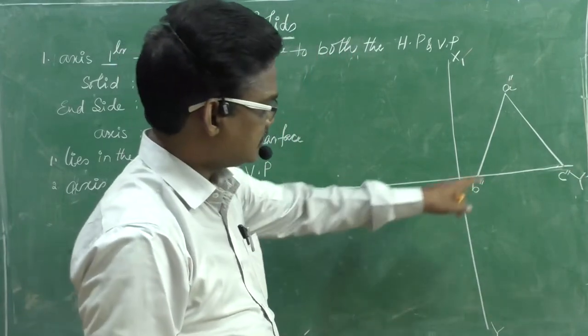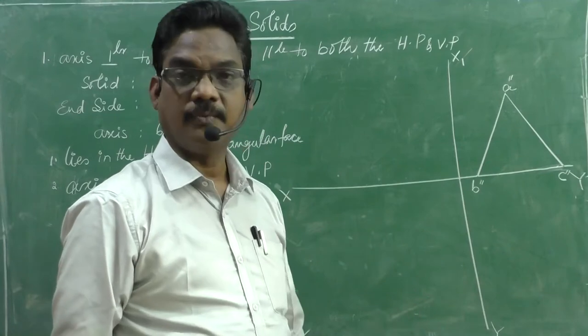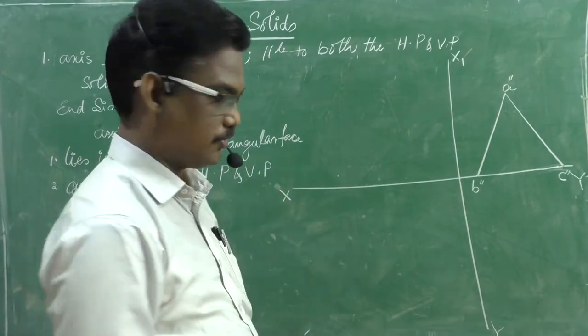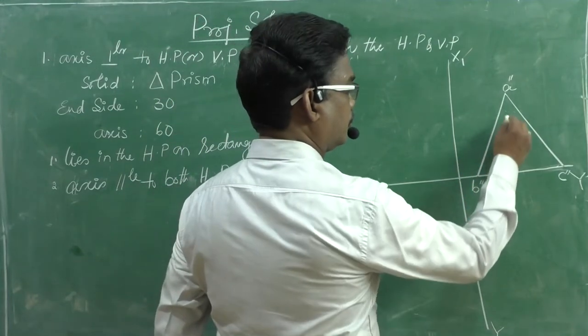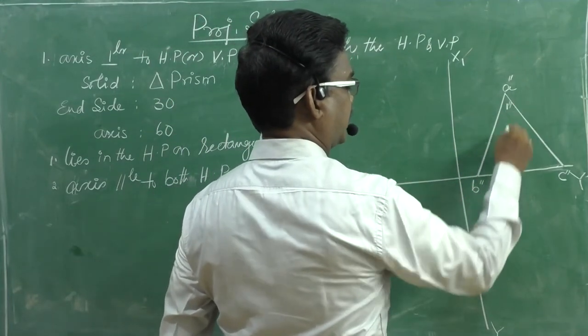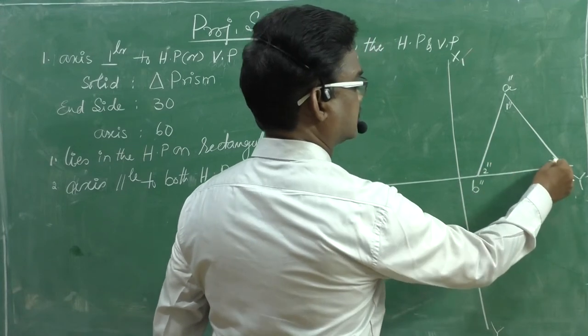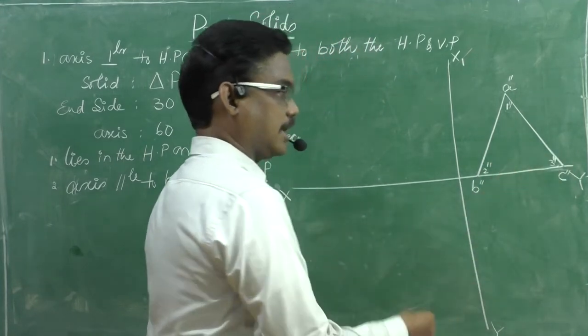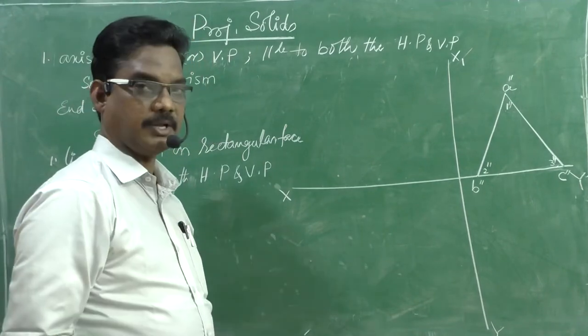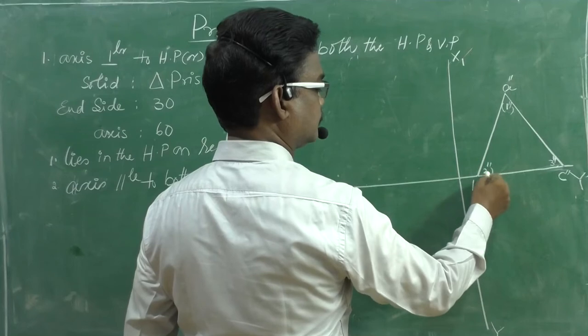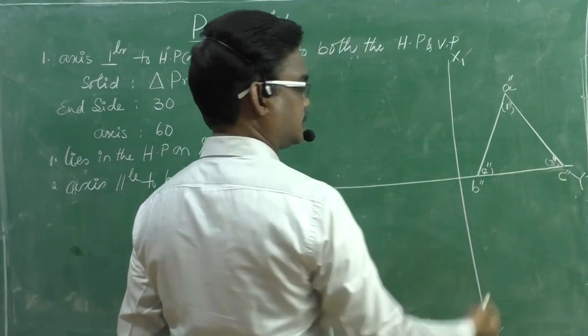This equilateral triangle represents two end faces, therefore we need to give one double dash, two double dash, three double dash. Likewise we need to give the numbering, and we need to give brackets also, because it is invisible.